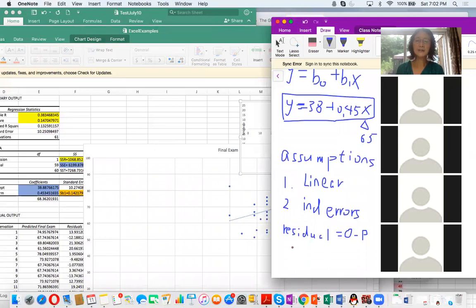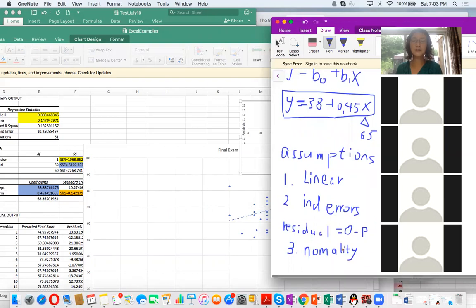The third assumption is normality of error. It means the error terms are normally distributed.